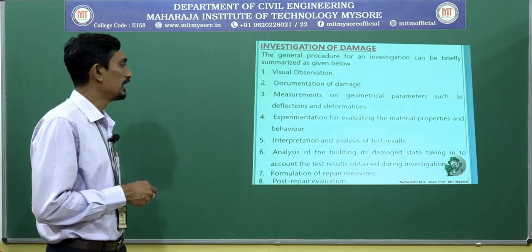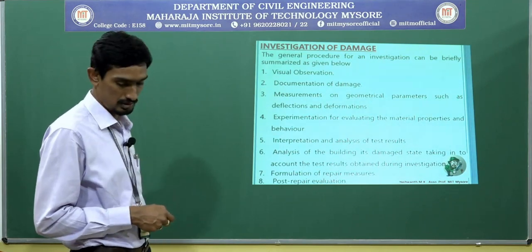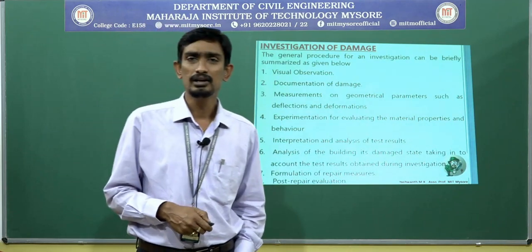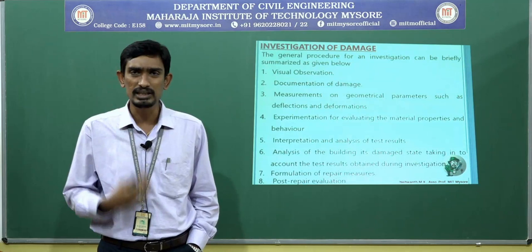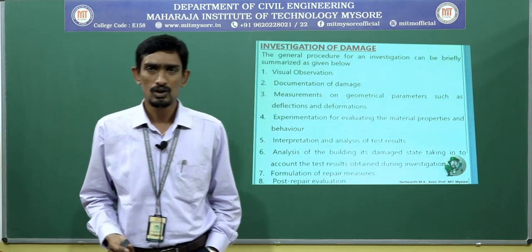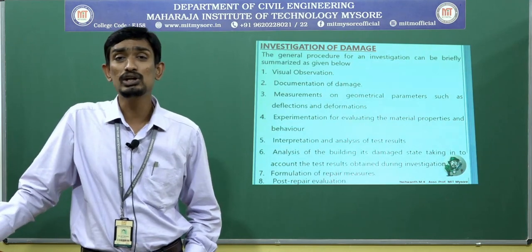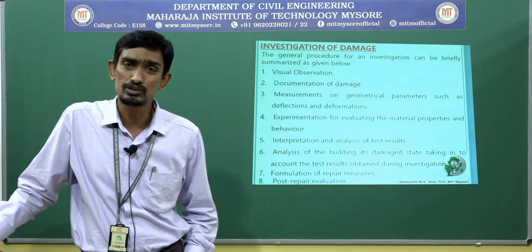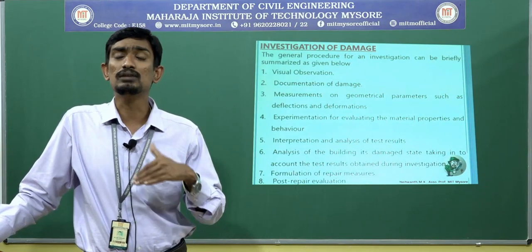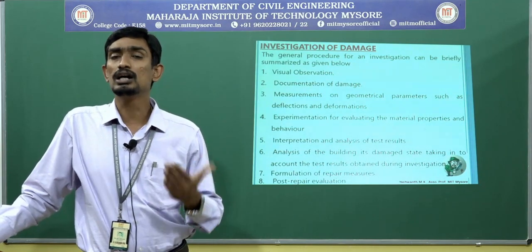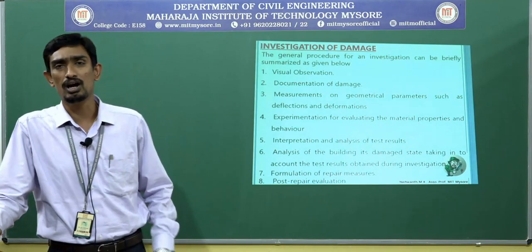Next, step number 4, experimentation for evaluating the material properties and behavior. This is a very important point, which we are going to discuss in the next session. That is, the assessment instruments or techniques we are going to use in order to confirm further whether the building is safe or not.